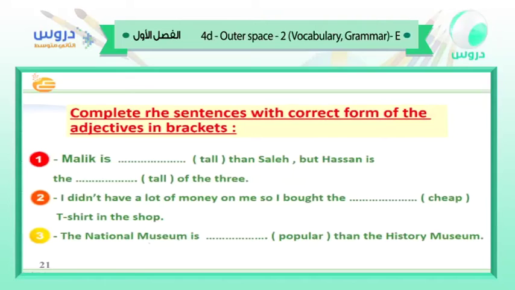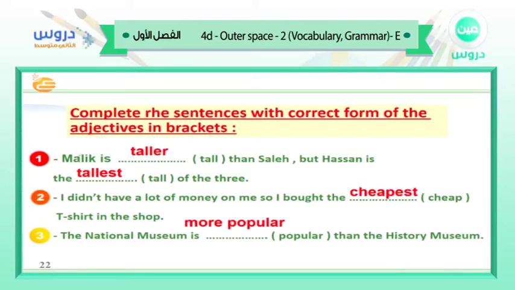More than one syllable. Okay, Malik is taller than Saleh. We have a short adjective here, and we have Saleh and Malik, so we are comparing between 2. That's why we are using the comparative adjective. But Hassan is the tallest of the 3. We're comparing between Hassan, Saleh and Malik, more than 2.